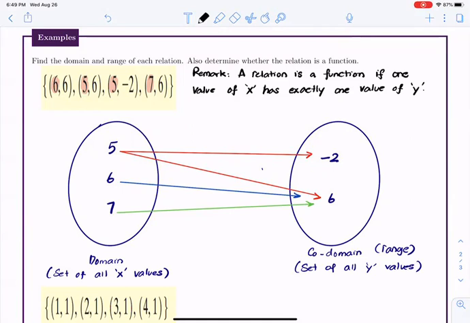A relation is a function if one value of x has exactly one value of y.